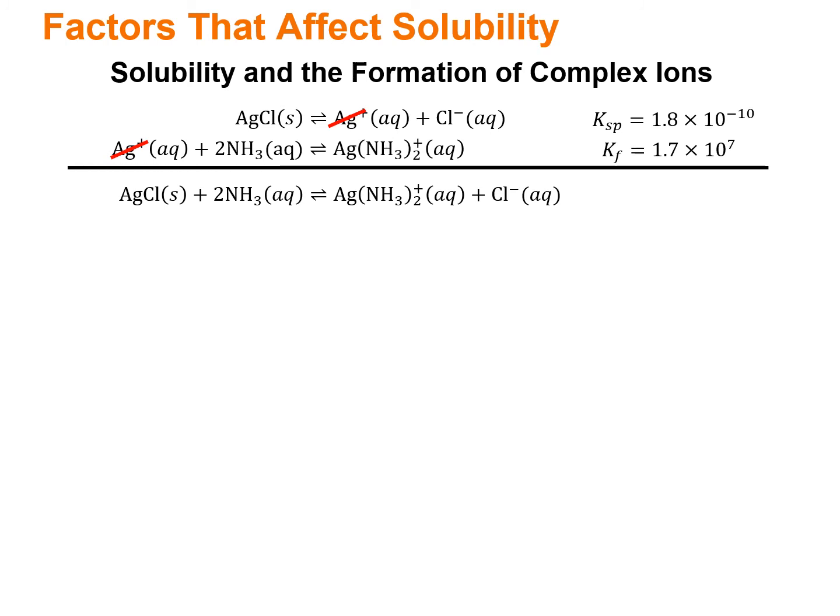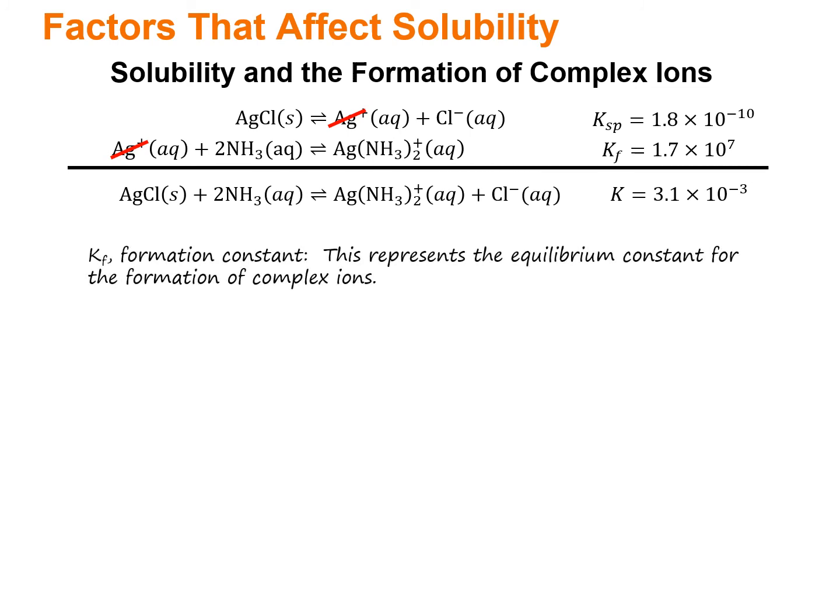And if we figure out what the new equilibrium constant for that reaction is, it goes to 3.1 times 10 to the minus 3. That is a much, much bigger number than what we had before with the 1.8 times 10 to the minus 10, and therefore means that the silver chloride is much more soluble by way of Le Chatelier's principle and the fact that we're pulling the silver out of solution via complexation with the ammonia molecules.